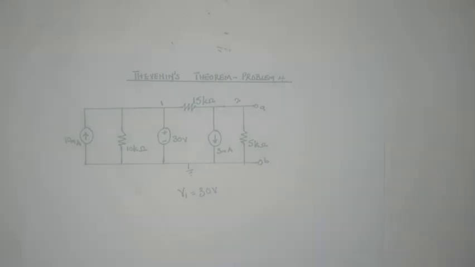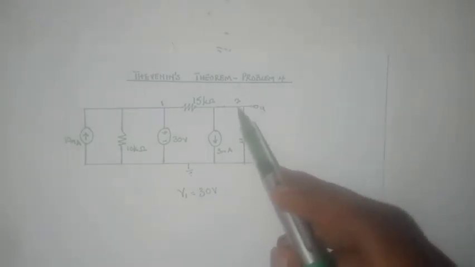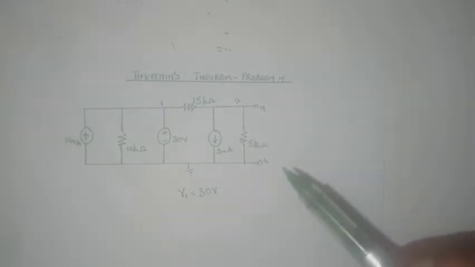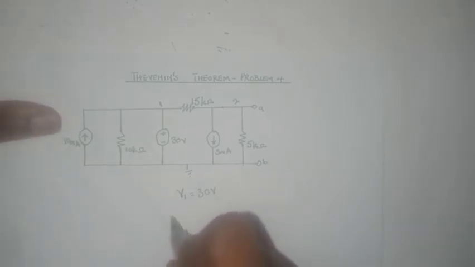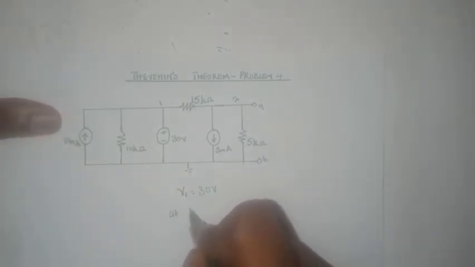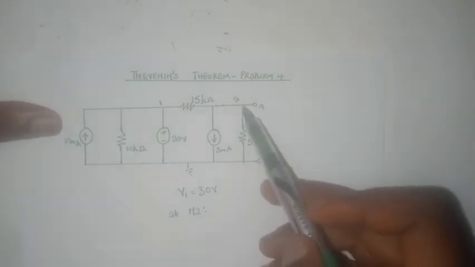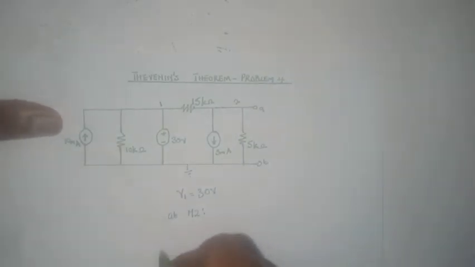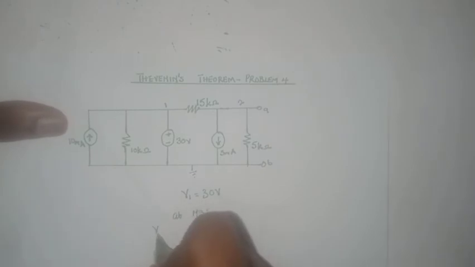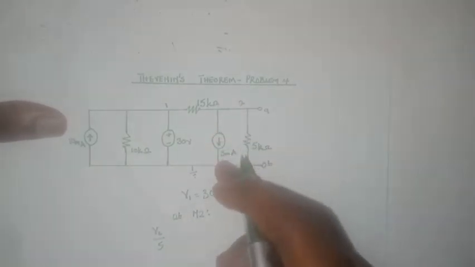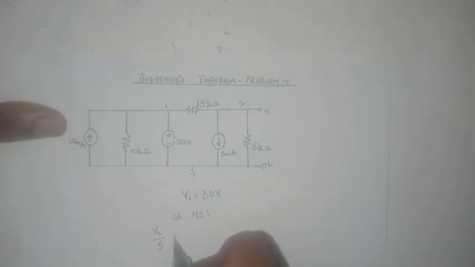The next thing to do would be to move on to node 2 and write a KCL equation there. So at node 2, we have this branch where V2 divided by 5 times 10 raised to the power 3. Then we have this branch where 3 amperes is leaving, so plus 3 times 10 raised to the power minus 3 amperes.